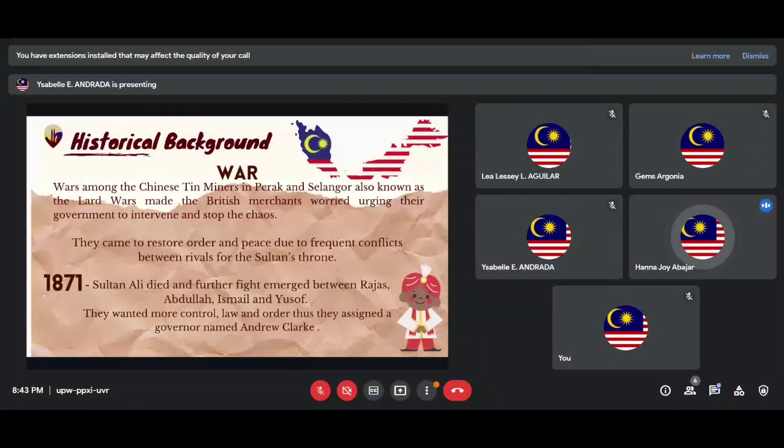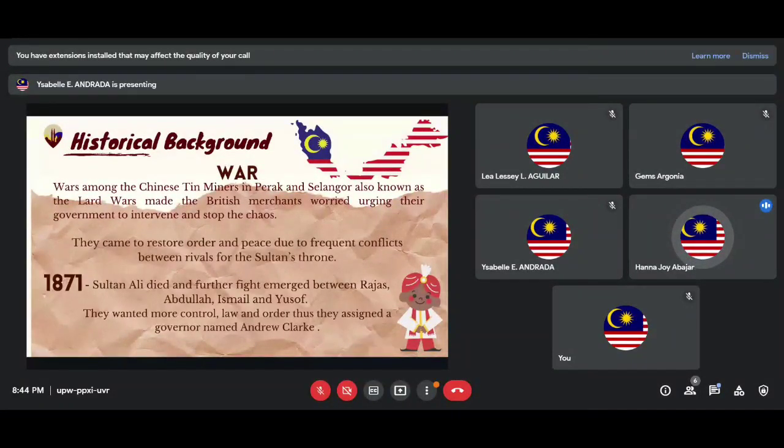Historical background again for the war. Wars among Chinese tin miners in Perak and Selangor made British merchants urge their government to intervene and stop the chaos.